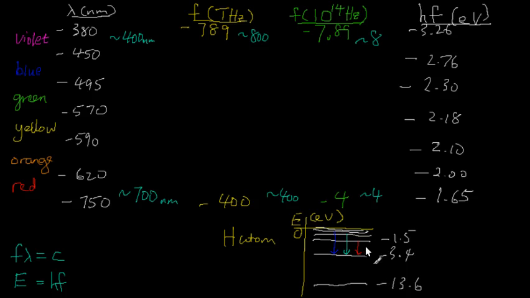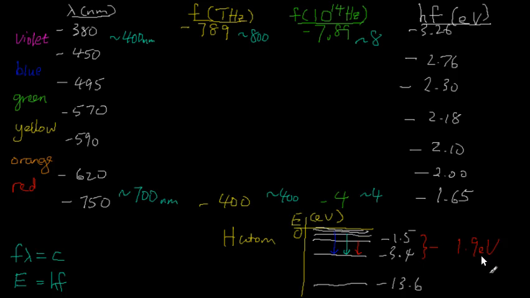If not, or the question might not say hydrogen atom, it might just give you some arbitrary energy levels without saying what atom it is. Then we would need to subtract the numbers to determine the photon energy. If I subtract these two numbers, the difference is about 2. Okay, it's 1.9 eV.